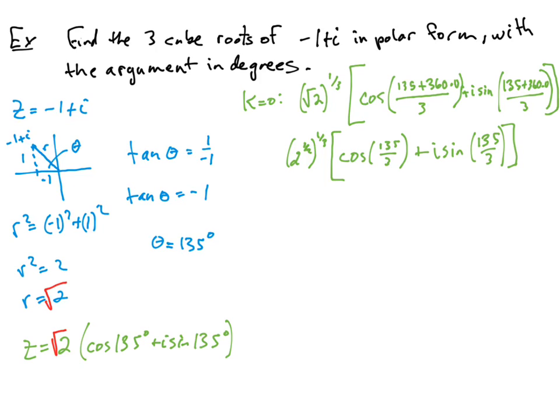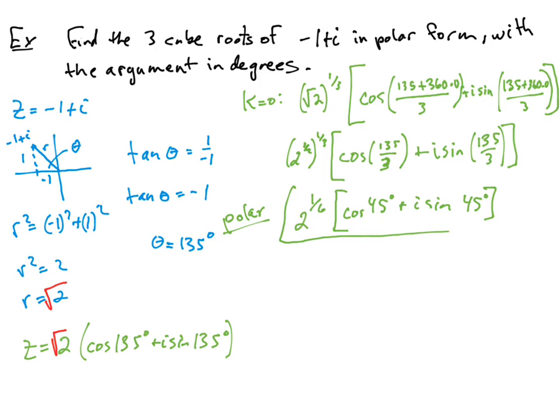And then 2 to the 1/2 all raised to the 1/3 is 2 to the 1/6 power. Cosine 135 divided by 3 is 45, so cosine of 45 plus i sine 45 degrees. And that's it. So this is polar form, and the question says to just leave the answer in polar form. So this is one of the cube roots.